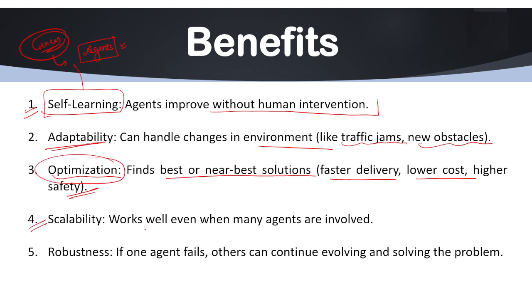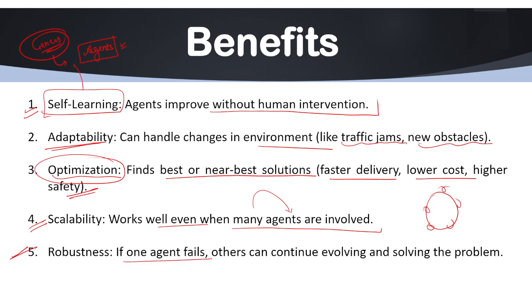Next we have scalability. It works well even when many agents are involved. We have so many agents, like I have discussed earlier, in a group of students, here called agents, right? So genetic algorithms in multi-agent systems, many students, we can say, work well together to achieve their goal.